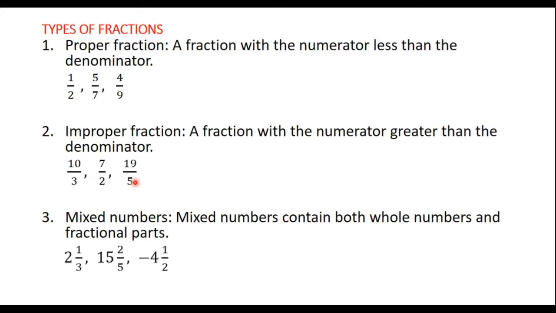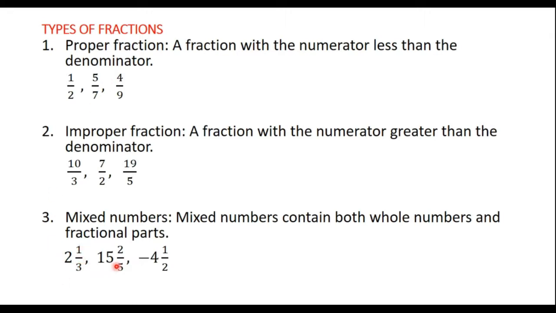So here are some examples. When you come here, we have 2 whole number 1 over 3. That is how this is read. You see that we have a whole number part, which is 2. Then we have the fractional part, which is 1 over 3. Now you can see that this fractional part, which is 1 over 3, is a proper fraction because the numerator is less than the denominator.